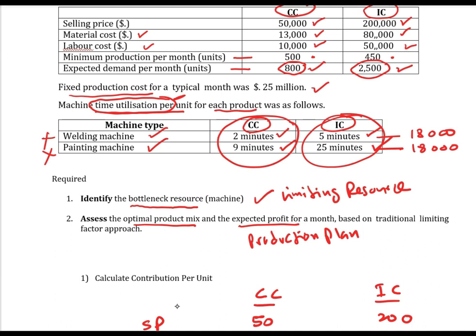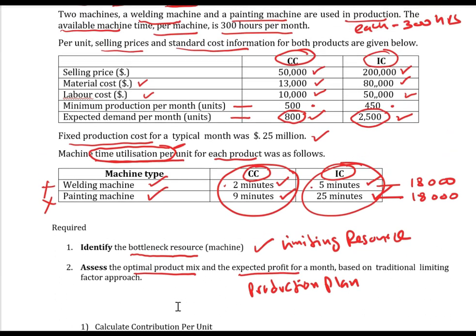Now let's calculate the welding machine total requirement. Per unit requirement is 2 minutes for CC and 5 minutes for IC.